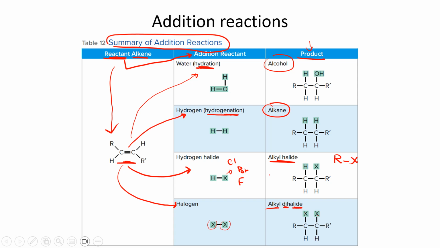And this is a summary of the addition reactions. You just need to know what is the reactant and what's the product. So when you see the reactant, لما نشوف المتفاعل فيها alkene, معناها البرودكت حيكون واحد من هاي الأربعة. مين اللي حدد؟ If water, alcohol. If hydrogen, alkane. If hydrogen halide, alkyl halide. If halogen only, like X2, it's going to be alkyl dihalide. Okay?